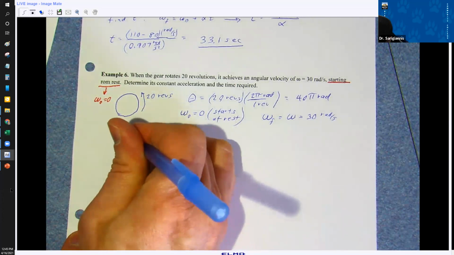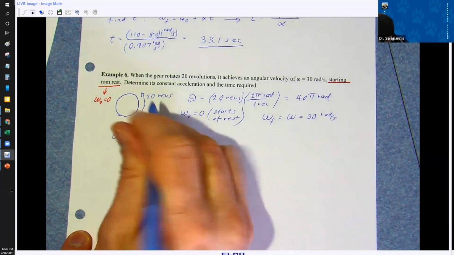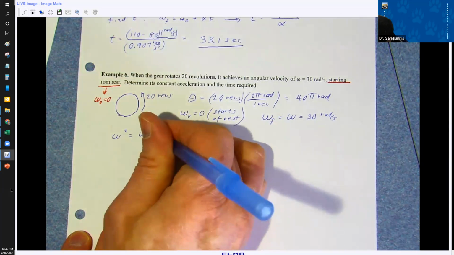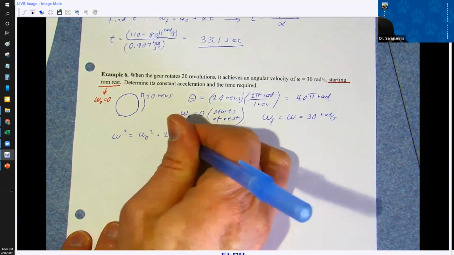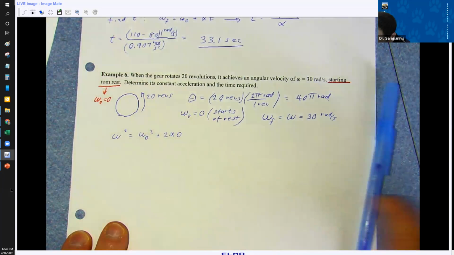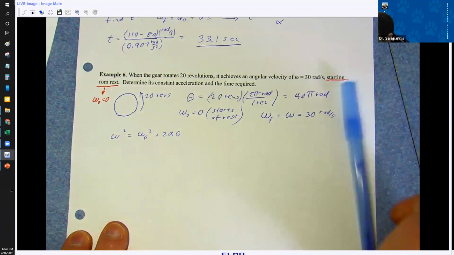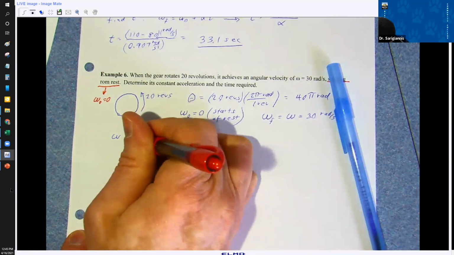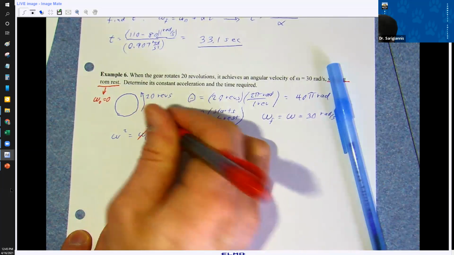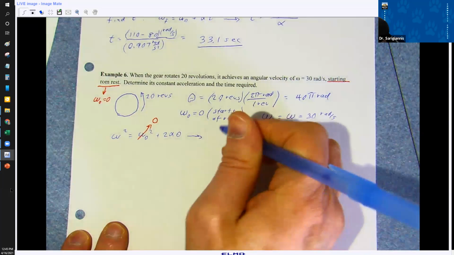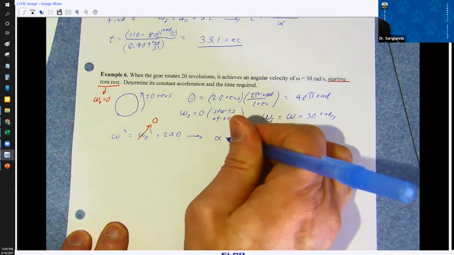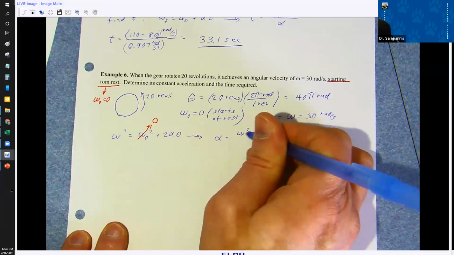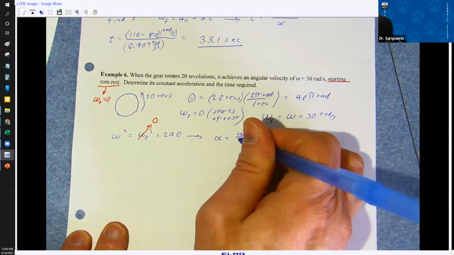I don't know what's going to be more confusing. So if I start with omega squared equals omega naught squared plus 2 alpha theta, I'm starting with the same equation, and I solve for alpha. Remember, this is 0, starts at rest. So alpha is just going to be omega squared divided by 2 theta.